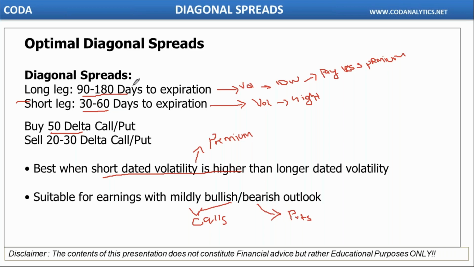That is the optimal diagonal spreads. You want something that goes up mildly and also goes down mildly. Some stocks could be moving downwards, some could be moving upwards, but not too aggressively. I think Apple is a good example. It does that.